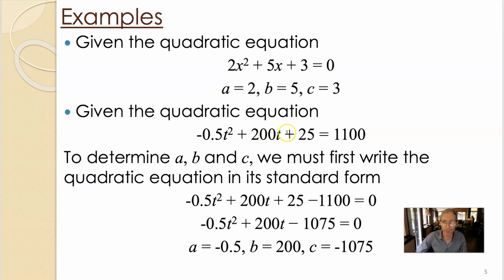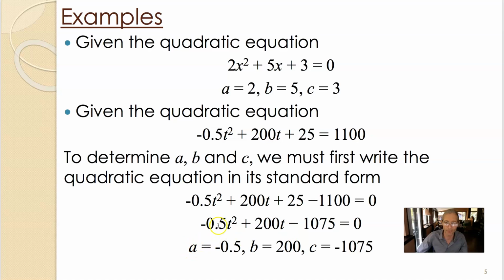The second example, now we have a non-zero right side. So what we have to do to get it into standard form is subtract that 1100 from the right side, which gives us 0, which means, of course, we have to subtract it from the left side as well. Okay, so when we do that, we're now in standard form, right? Here we have it, negative 0.5 t squared plus 200t minus 1075 equals 0.